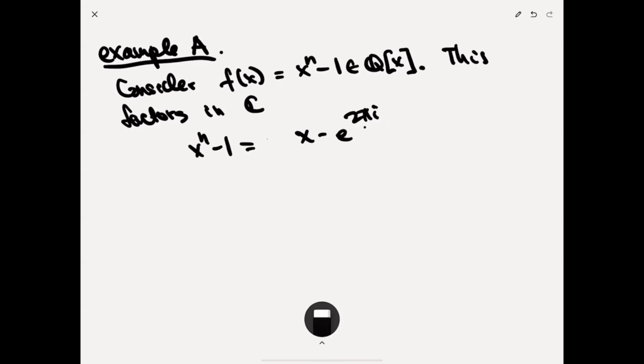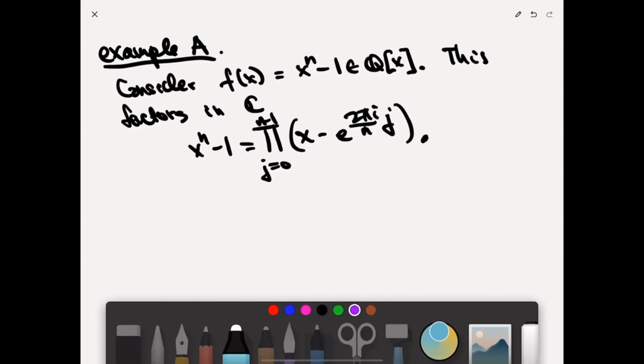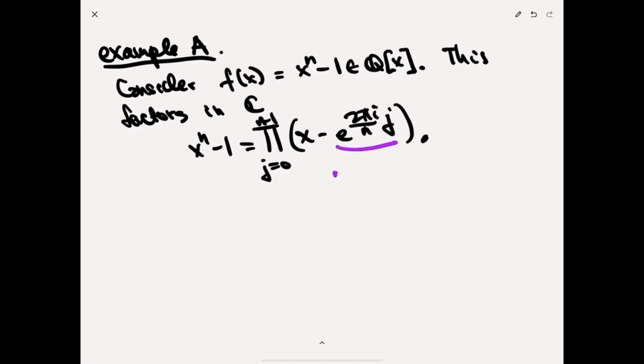So these are the nth roots of unity. Okay, so these are the primitive nth roots of unity.